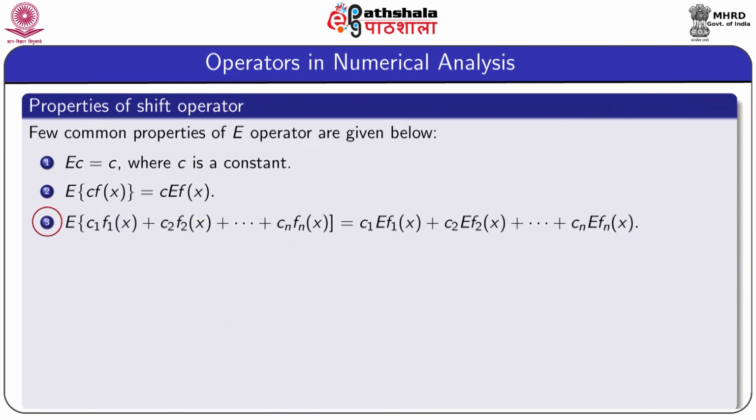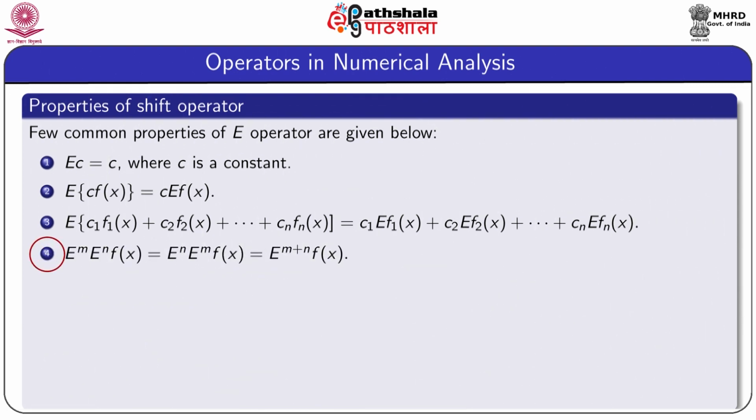The third property indicates that the shift operator is linear, that means E of c1 f1(x) plus c2 f2(x) plus up to cn fn(x) is equal to c1 E f1(x) plus c2 E f2(x) up to cn E fn(x). This is nothing but the linear property of an operator.